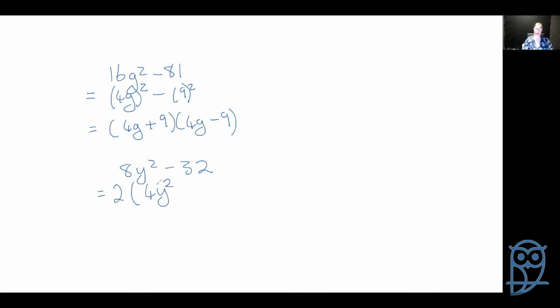That is a square. And over here, we're going to end up with 16. That's also a square. So now we can apply our difference of squares rule, which is going to give us 2y plus 4 and 2y minus 4. Okay. Do you guys have any questions up to here?